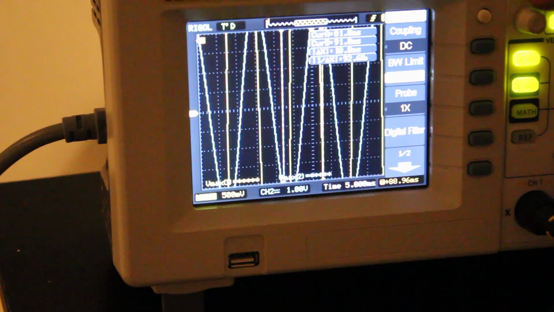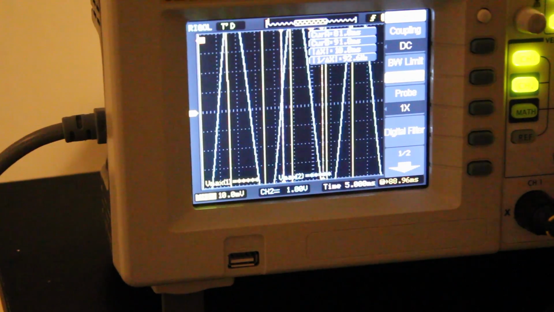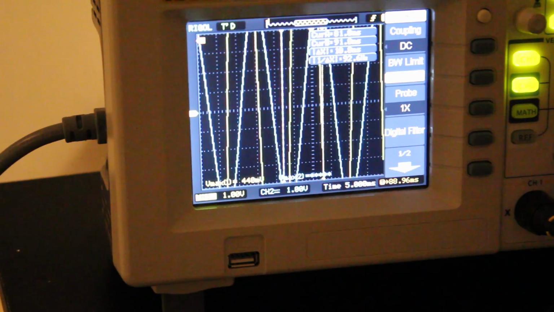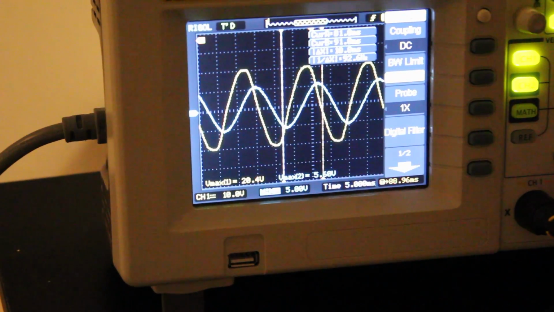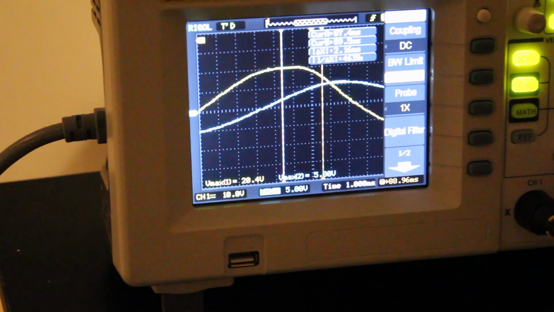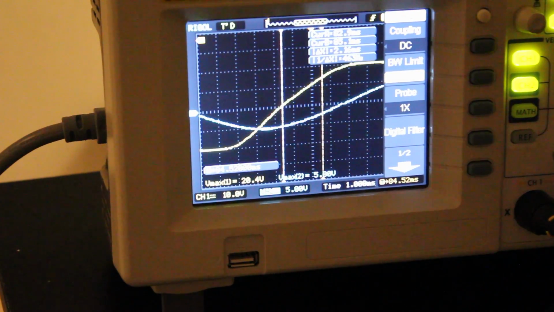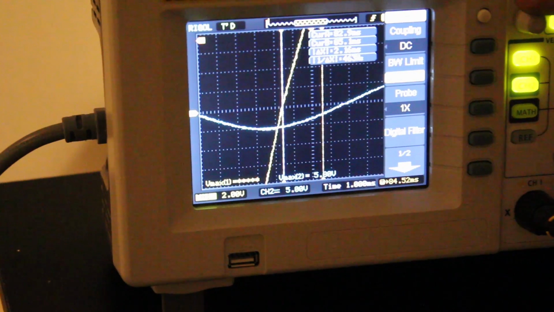Bring these in a little bit. Okay. See, these are so out of phase that it's hard to even see where I'm looking at here. Okay, yeah, I'm getting lost here. All right, there we go. So we want to look at the yellow versus the blue. Now I can blow them up a little bit.